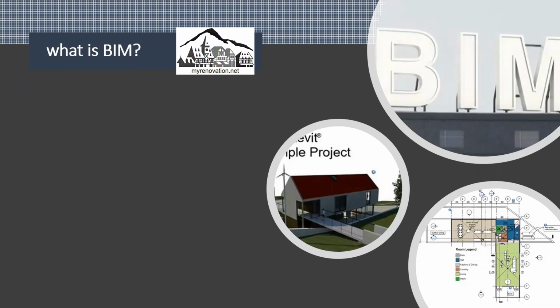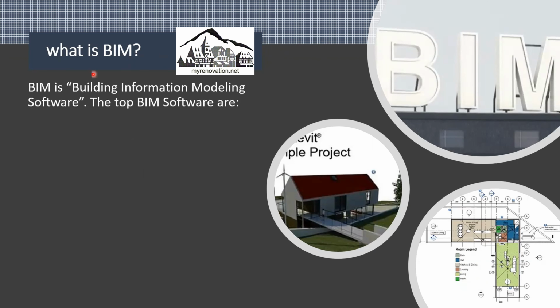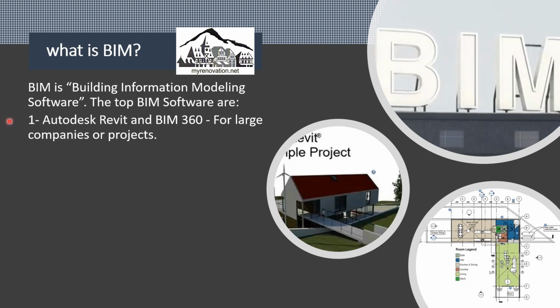Before going through the software, I would like to discuss a couple of terminologies. Recently, more architects and engineers have made the switch to building information modeling, BIM. So what is BIM? Building information modeling. The top BIM software are: number one, Autodesk Revit and BIM 360 for large companies or projects.